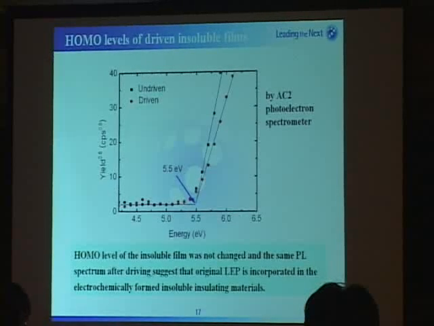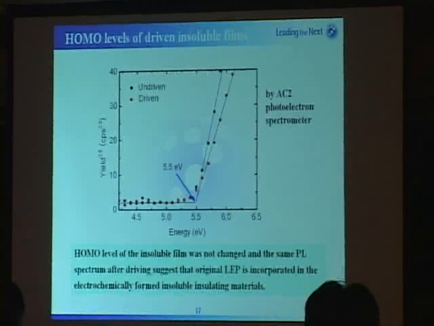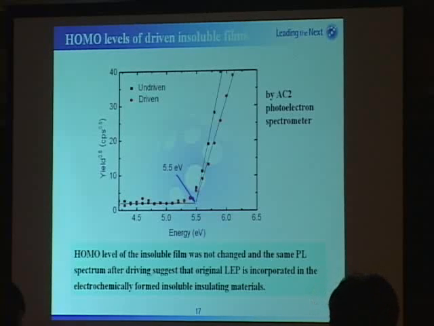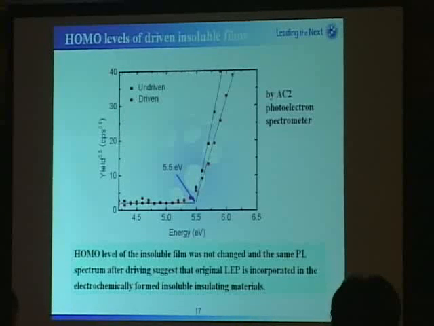The HOMO level of the insoluble film was not changed, the same HOMO level. And also the same photoluminescence spectrum, even after driving, which I mentioned just before, suggests that the light-emitting polymer is incorporated in the electrochemically formed insoluble insulating materials.